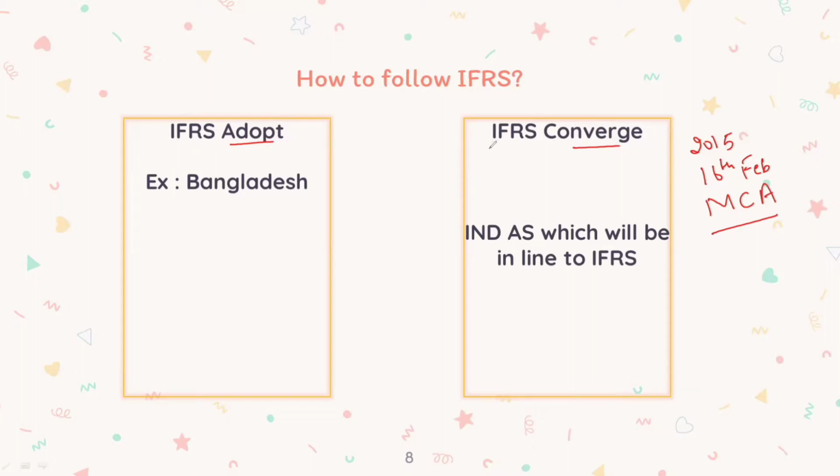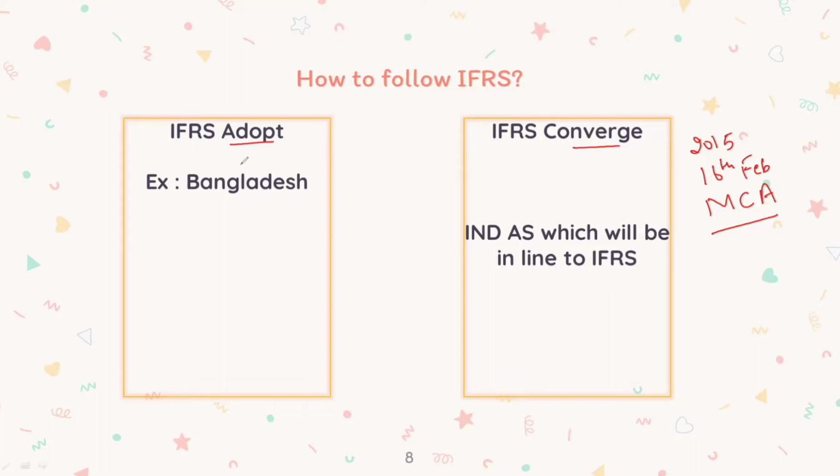If any country says that no, I cannot follow this, I don't want to adopt the same IFRS rules, but I'll prepare my own set of standards which should be in line with IFRS, just similar to IFRS, then the standards prepared by that country we call IFRS converge. IFRS converge are the rules which are just similar to IFRS, in line with IFRS.